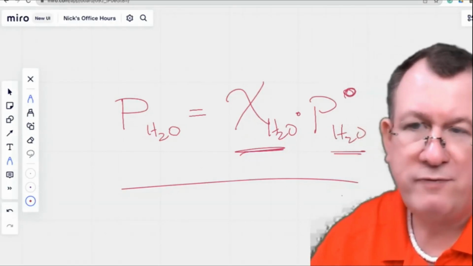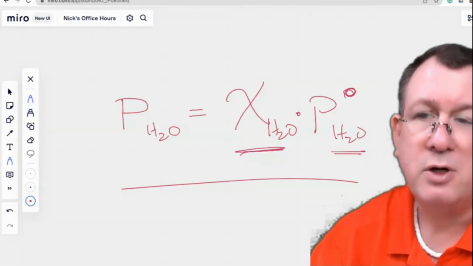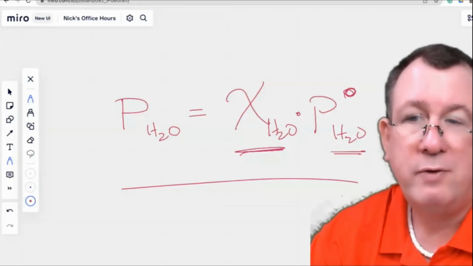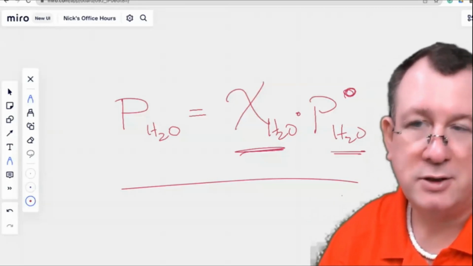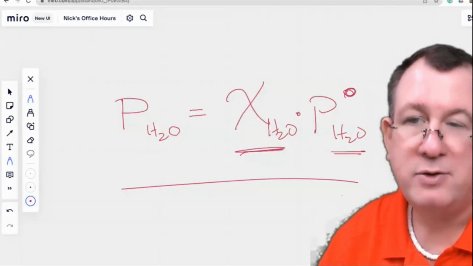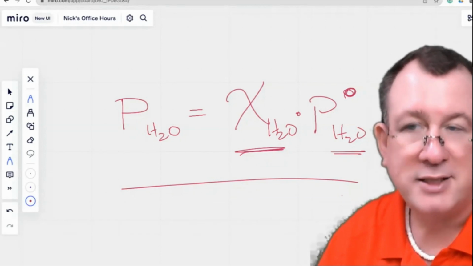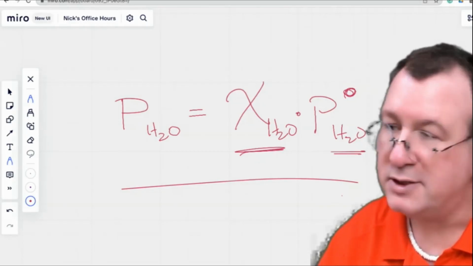It's moles of solute over, or moles of whatever I'm looking at, water here could be the solvent, over moles of solution. So one is kilograms of solvent, the other is liters of solution, and for mole fraction, it's moles of solution. So it'd be moles of water over moles of water plus, say, moles of benzene.